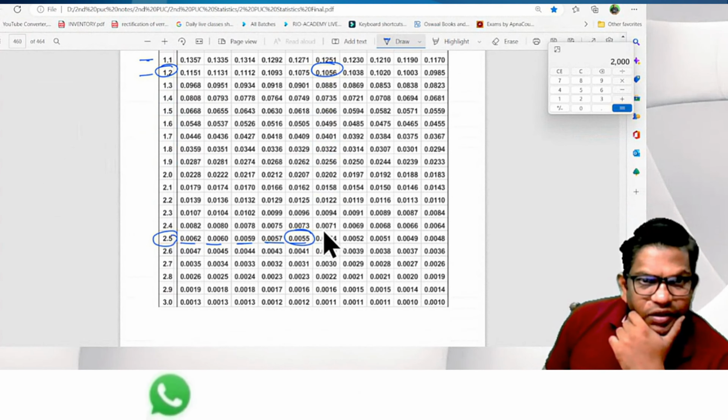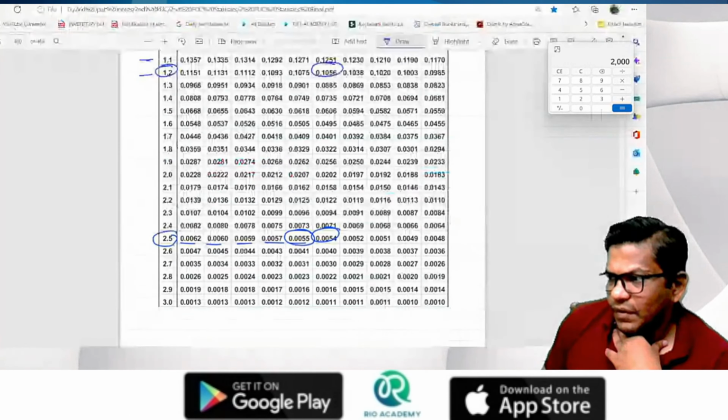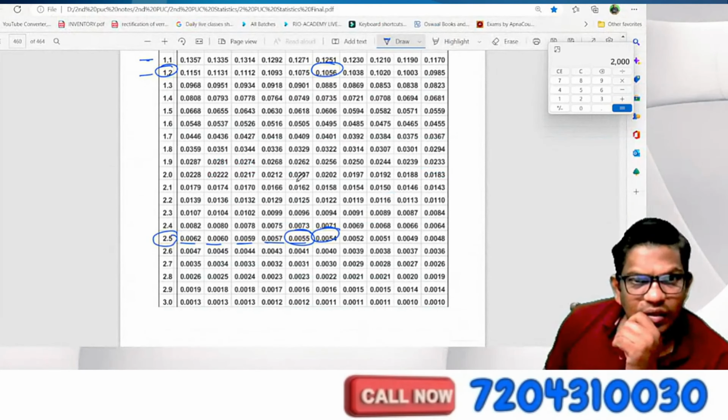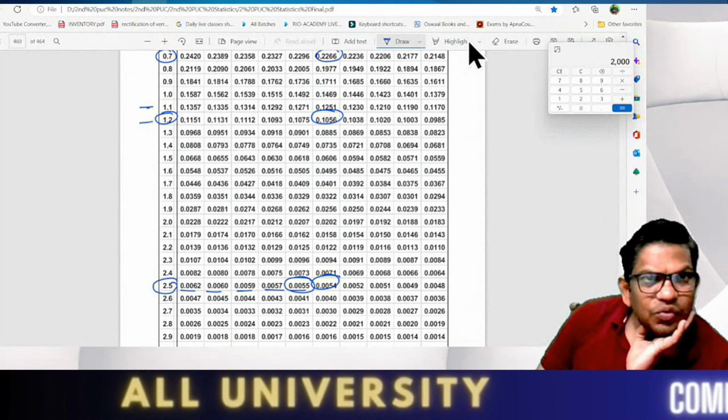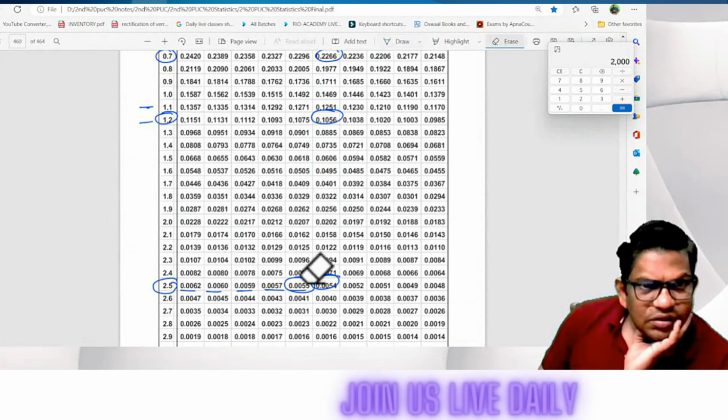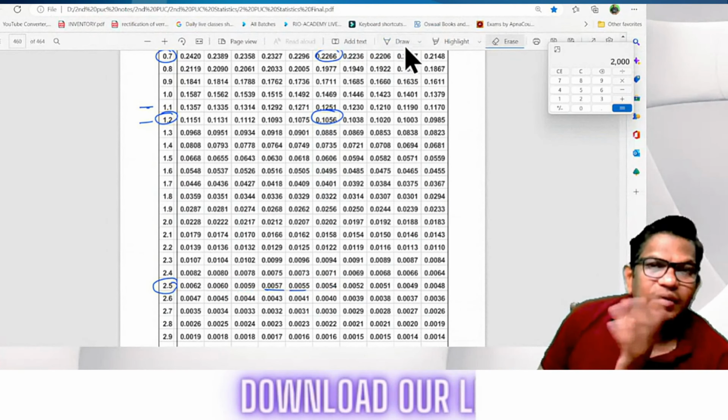But 2.5 is 0.0062. ऐसा है. So first value में है ना sir, 5 and 2.5. 0.0062.